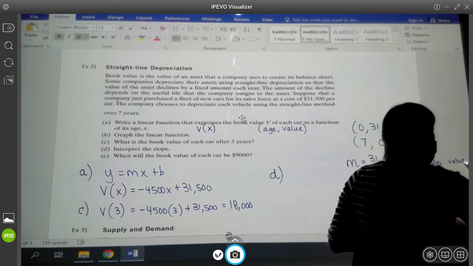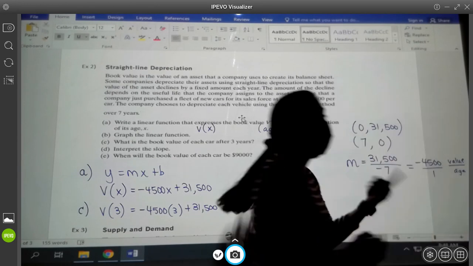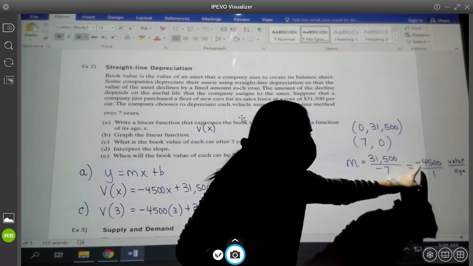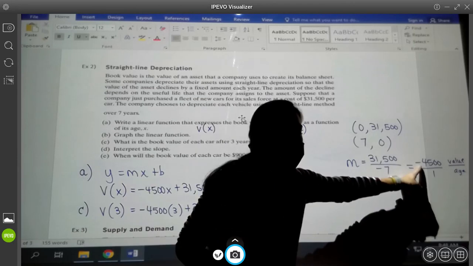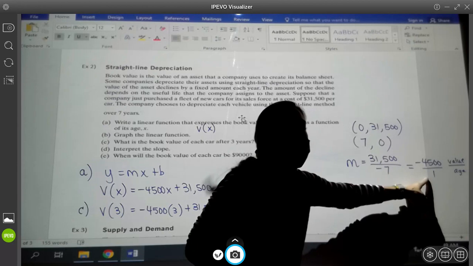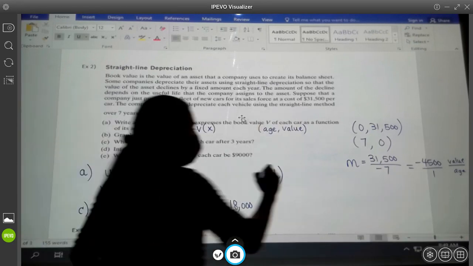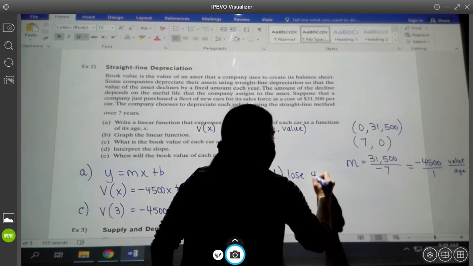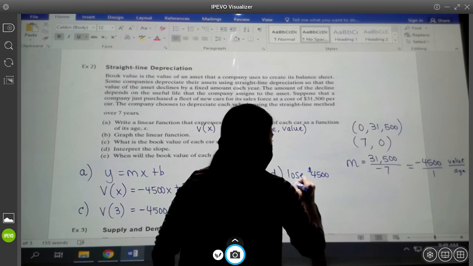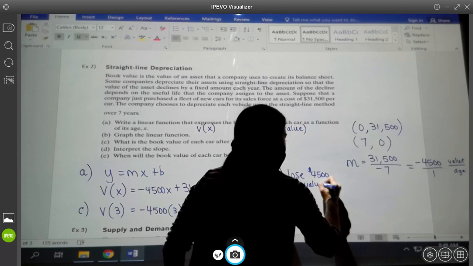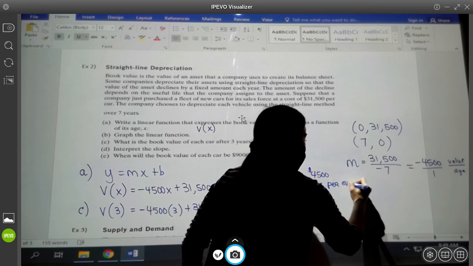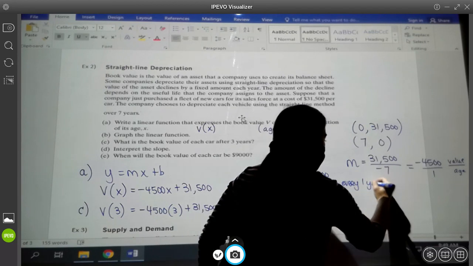That's what this slope is saying. Or if you go back to the original slope, it's going to have a value of $31,500, and over the course of 7 years, it'll go down to nothing.